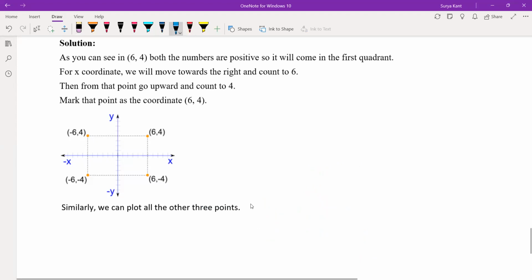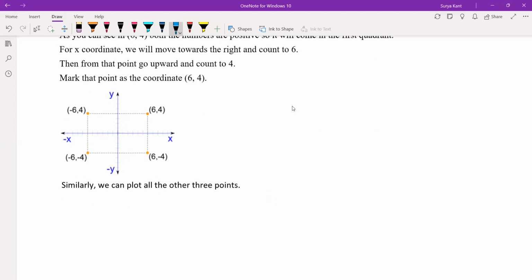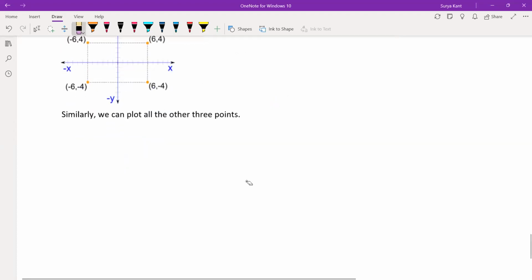Now see, what we can do over here. Suppose I'm telling here 3, 0. Or I'll just tell you, any point on the x-axis. If I write here any point on the x-axis, what can we write, children? All of you tell me.